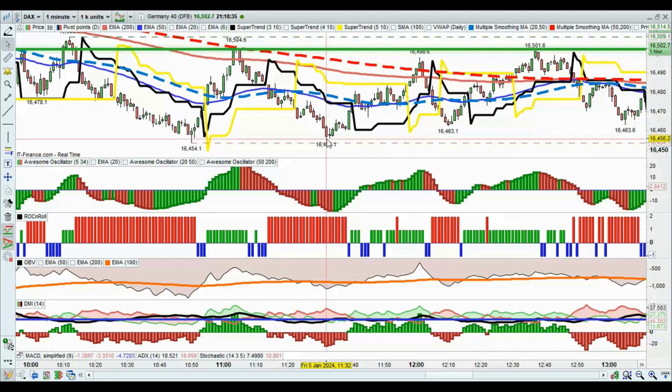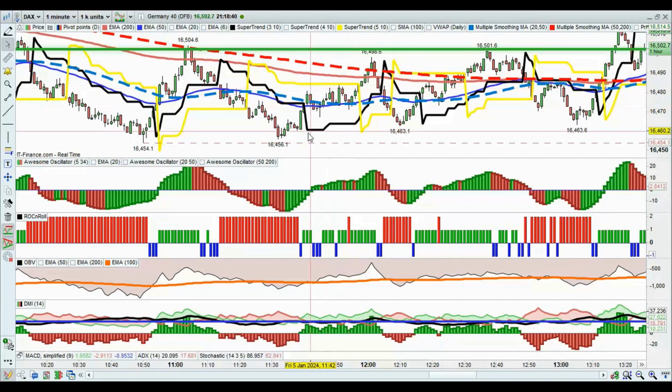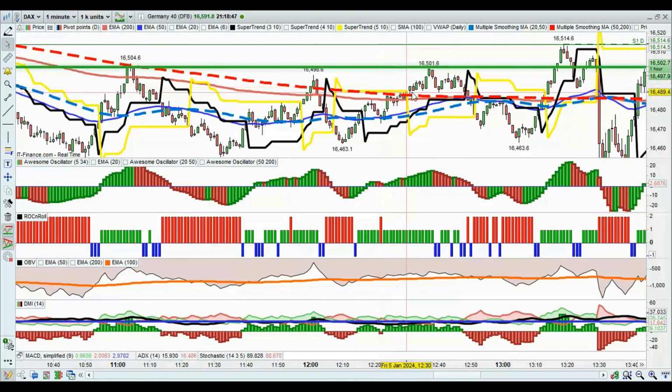We then see the price moving up and crossing through the 5200 smoothing average, and here you can see it start to move sideways, with a lot of indecision. As it crossed up, there's a major resistance level at that point, which was at 16,501. It needed to break through that level, which was a 1 hour level of resistance.